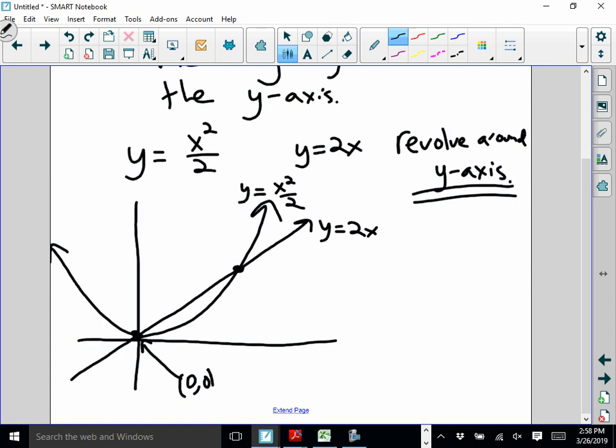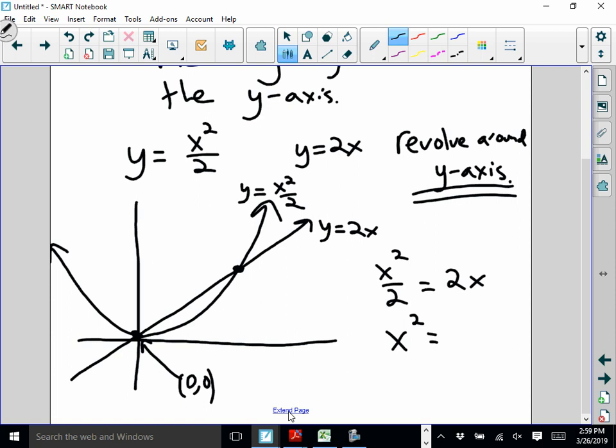Well, we can set the two functions equal to each other to find that second intersection. The first thing I would do to both functions is times by 2 to get rid of the fraction. This could also be written as half x squared, but x squared over 2 means the same thing. When we multiply by 2, we get x squared equals 4x.